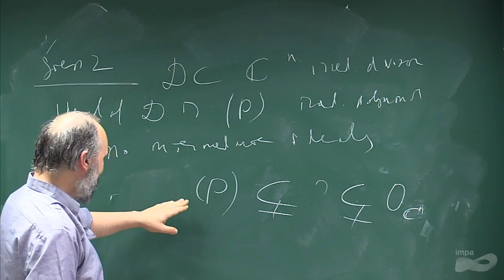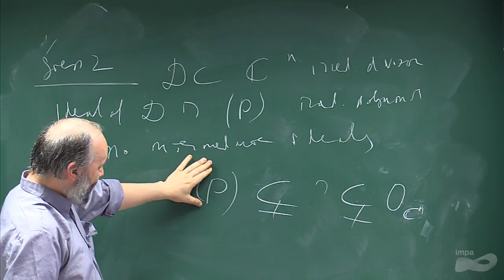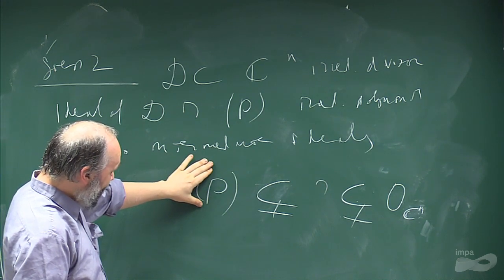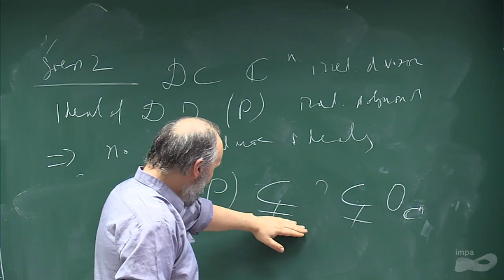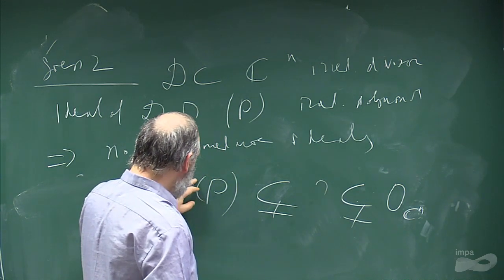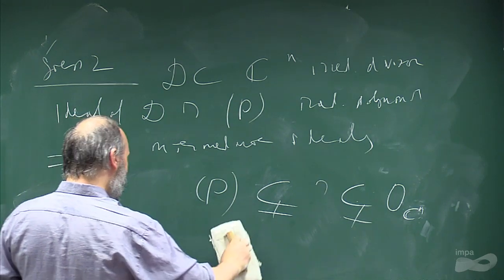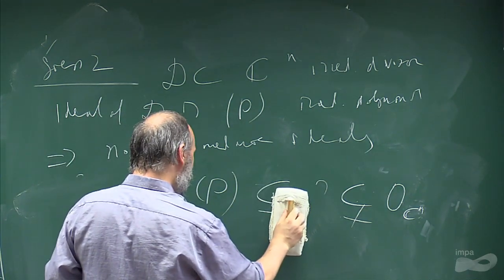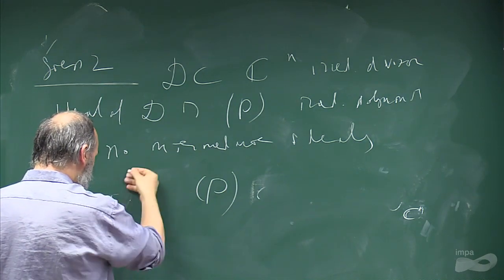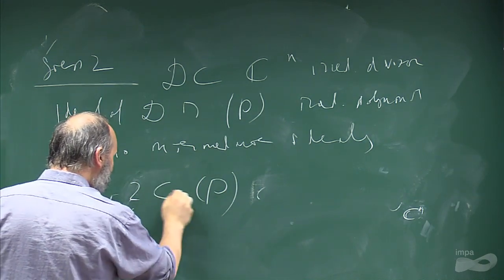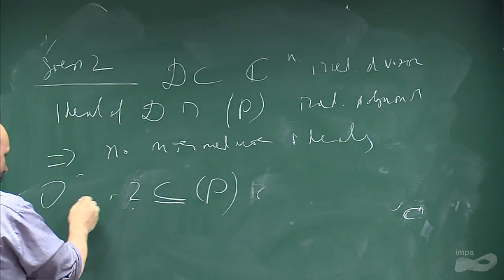I'm very bad with inclusion of ideals. So if you have P contained in something... oh no, it was correct to begin with. So you have P, something here, contained in P. Right, sorry.